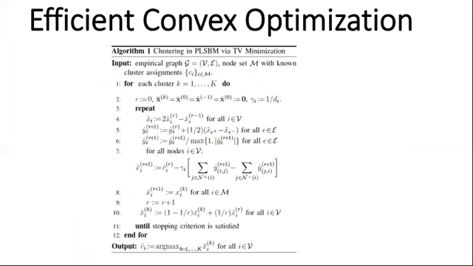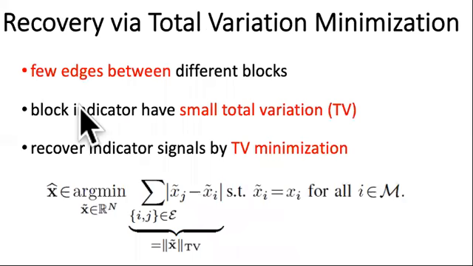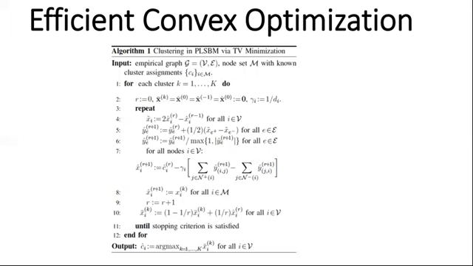Okay, so as can be verified rather easily, this total variation minimization is a convex optimization problem. It's a non-smooth convex optimization problem because the objective function is the non-smooth total variation. And it has an appealing structure that allows us to apply a primal dual method for convex optimization.